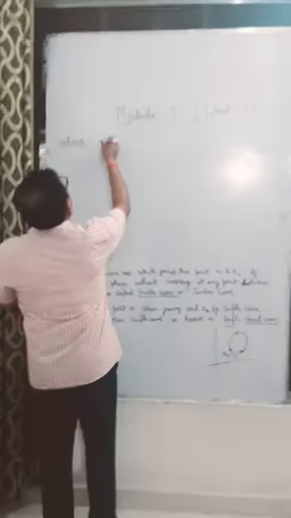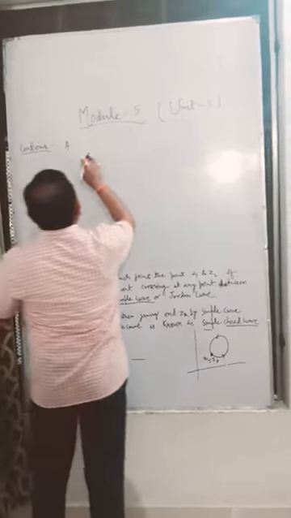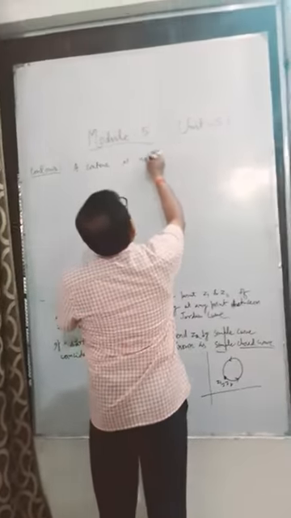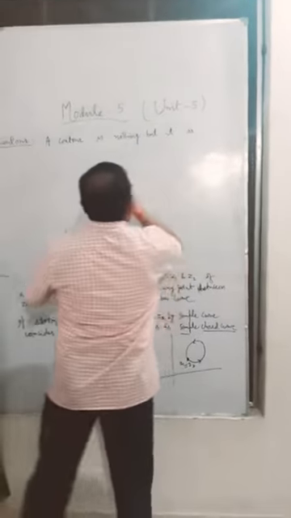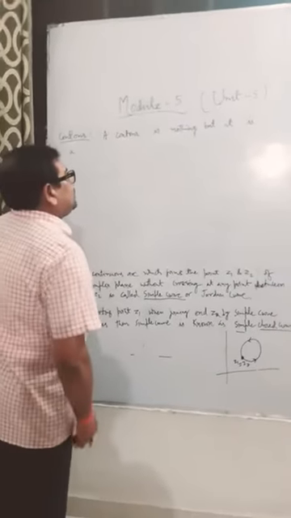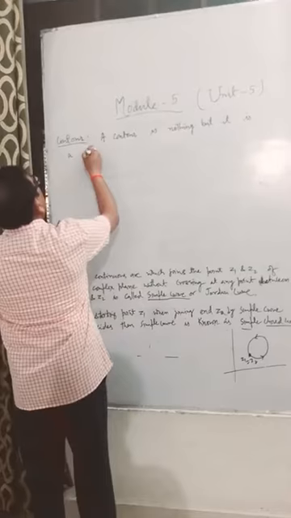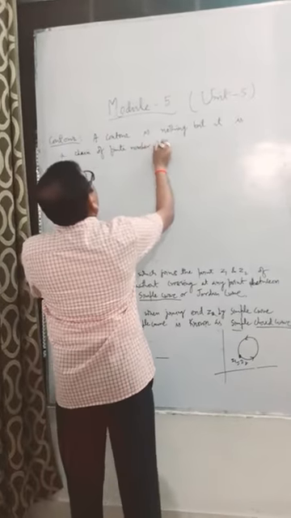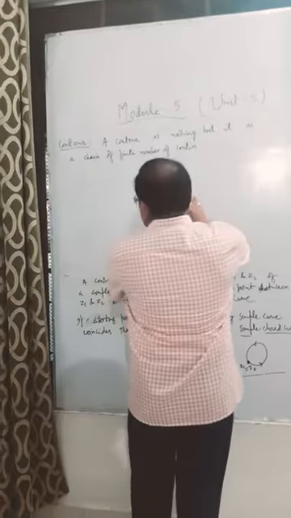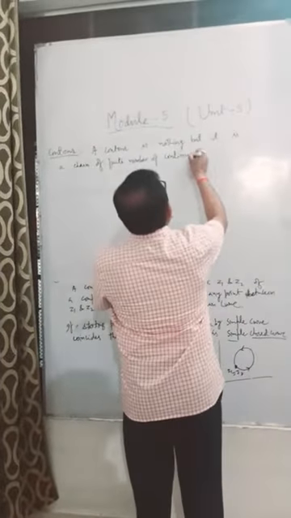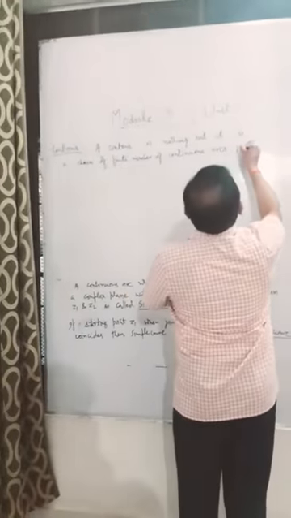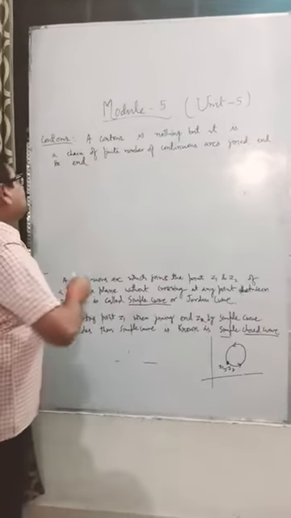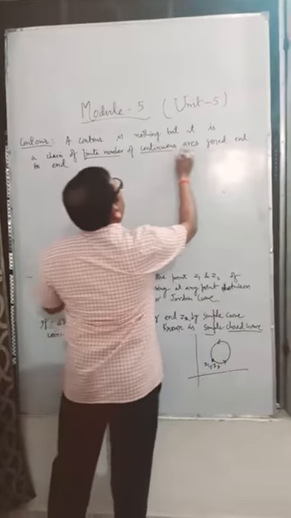So a contour is nothing but a chain of a finite number of continuous arcs joined end to end.